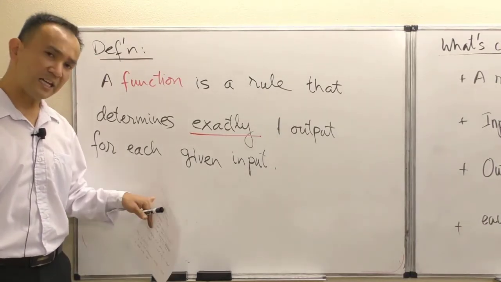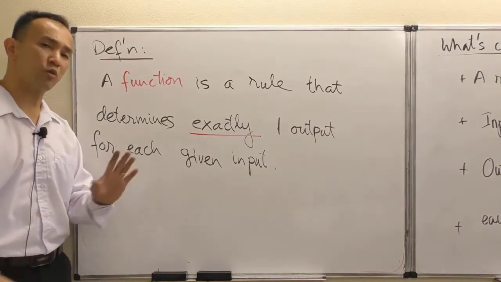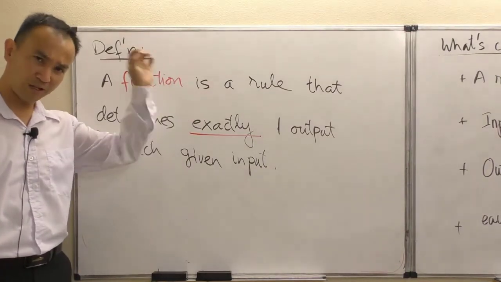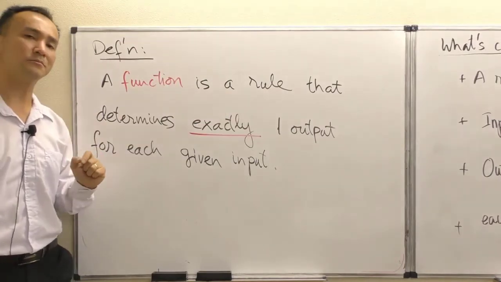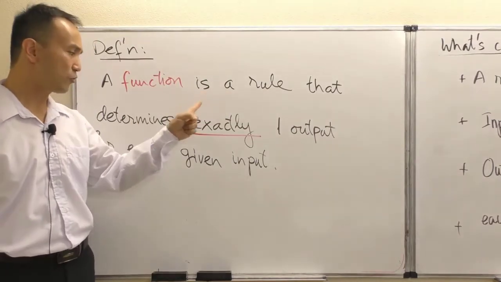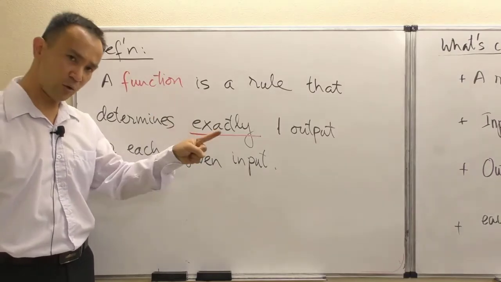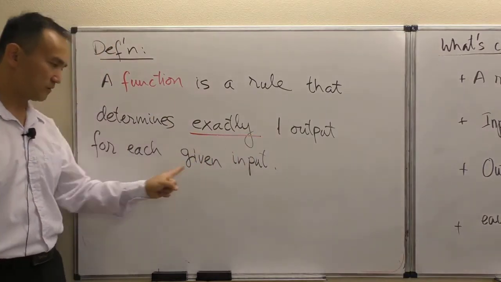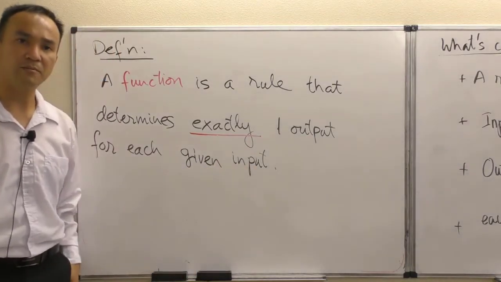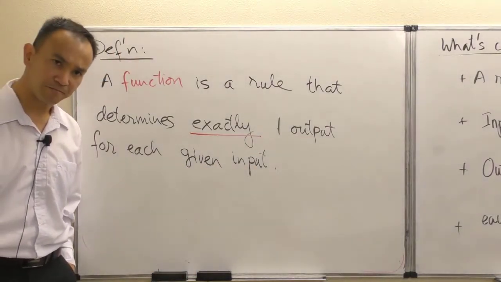I would like to emphasize for my students that a function is a rule. That's the most important thing to emphasize. And then that rule has a requirement: it has to determine exactly one output for each given input.